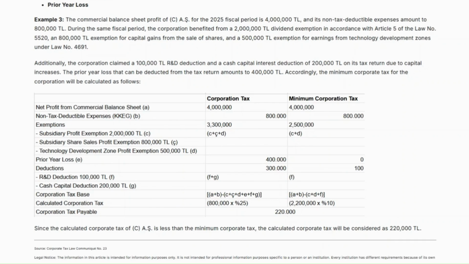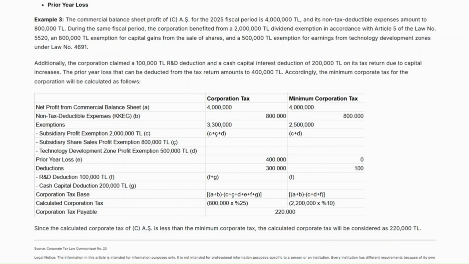The taxable income subject to the reduced tax rate under the investment incentive certificate is 4 million Turkish lira. The reduced rate is 5%, so you can see the total here. This is calculated by applying the standard 20% tax rate on the incentive base income.